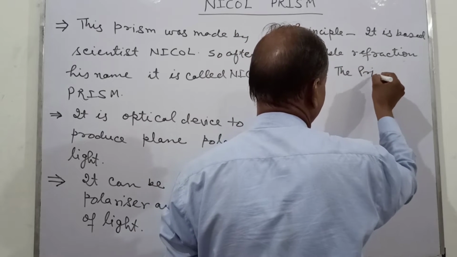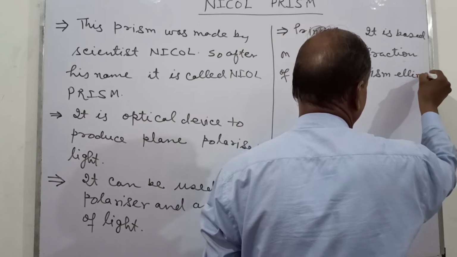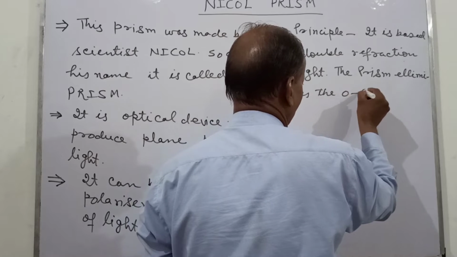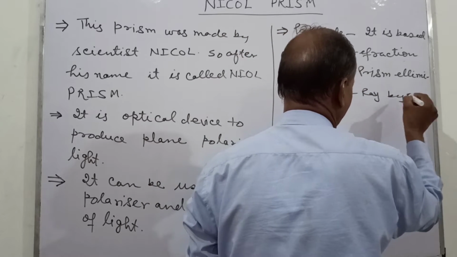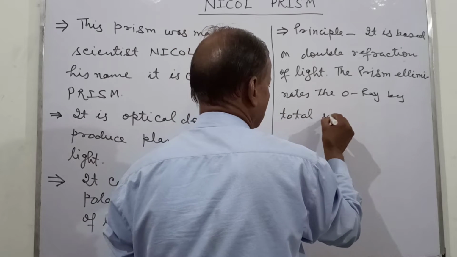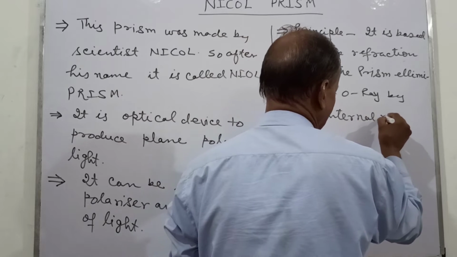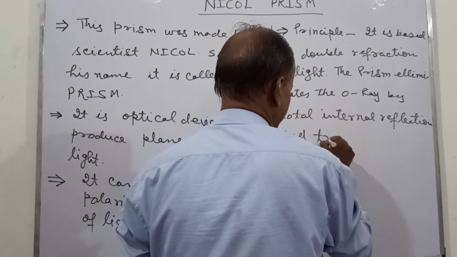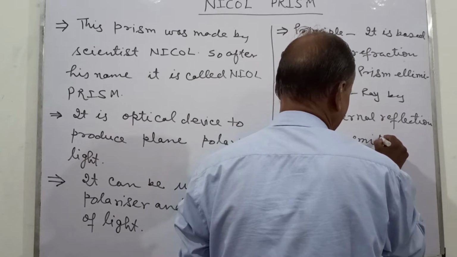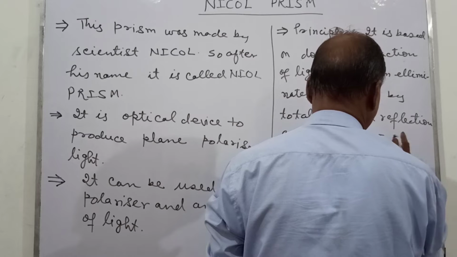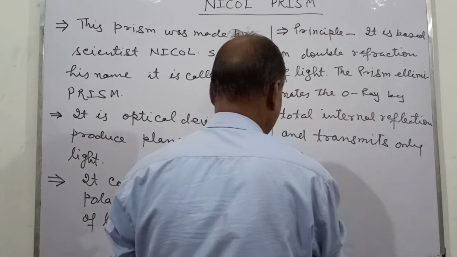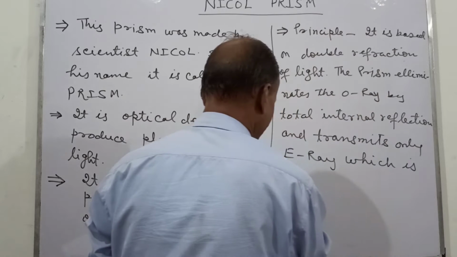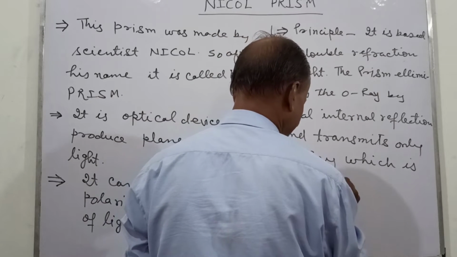The prism eliminates the O ray by total internal reflection and transmits only E ray, which is plane polarized.